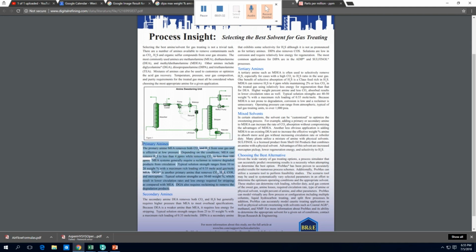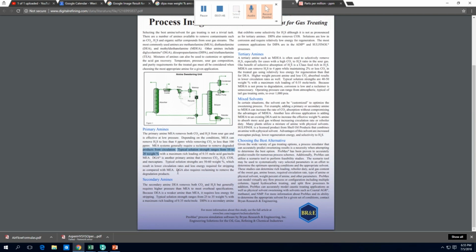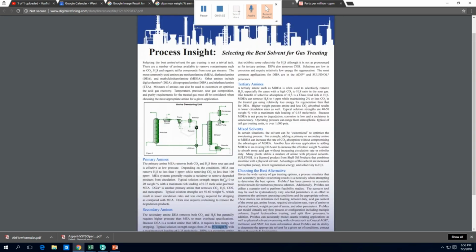So there's basically a few kinds of amines I want to explore, 4 in total. First being monoethanol amine, or MEA. The max percent will be about 28%. This is from digital refining, of course. Secondary amines such as diethanol amine can come at 35 weight percent.